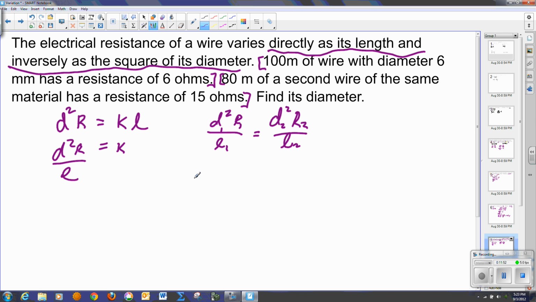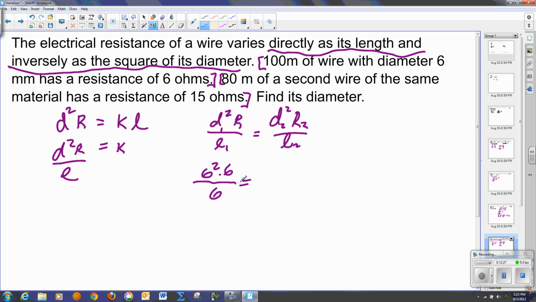So my first distance, or actually that's a diameter, is 6. So I'm going to take 6 and square it. I have a resistance also of 6 over a length of 6 millimeters of wire. My second situation, I have 90 meters of wire.